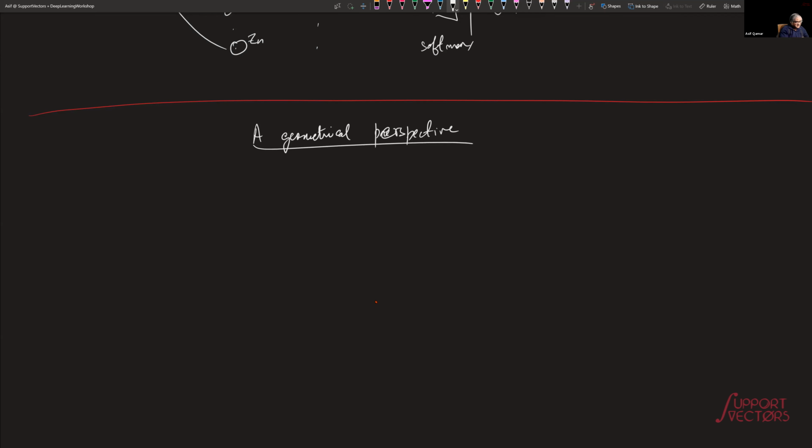Geometric perspective. Remember I said that when you write y is some function of x, what are we saying? If it is regression, let's take the case of regression. Let me generalize these ideas step by step so you see it.